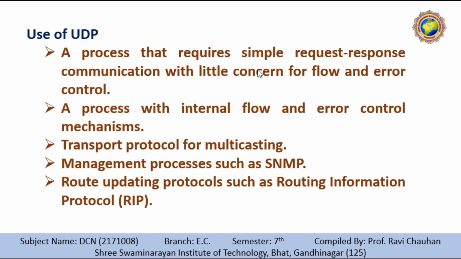It is not usually used for a process such as FTP that needs to send bulk data. Second, UDP is suitable for a process with internal flow and error control mechanisms. For example, the Trivial File Transfer Protocol, TFTP, process includes flow and error control. It can easily use UDP.